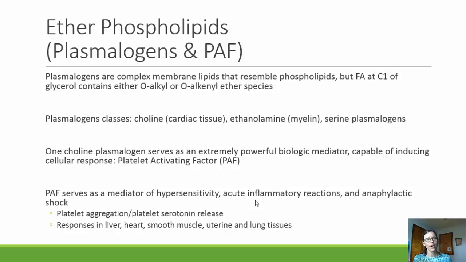And these are important in cardiac tissue and in muscle tissue. One of our choline plasmalogens that is important as a biological mediator is our platelet activating factor. And of course, you'll see this commonly in labs clinically because it serves as a mediator of hypersensitivity. It can measure inflammatory reaction and anaphylactic shock.